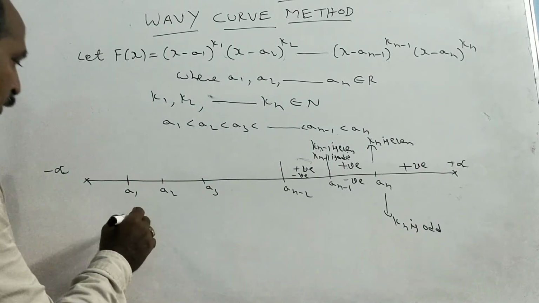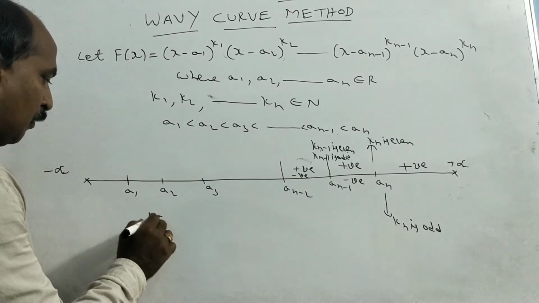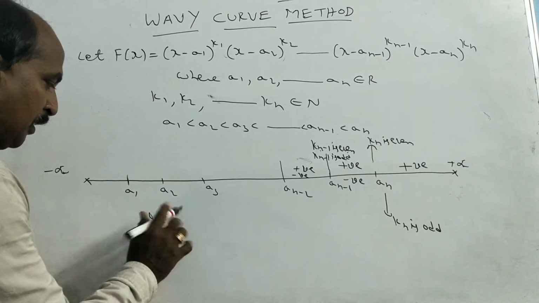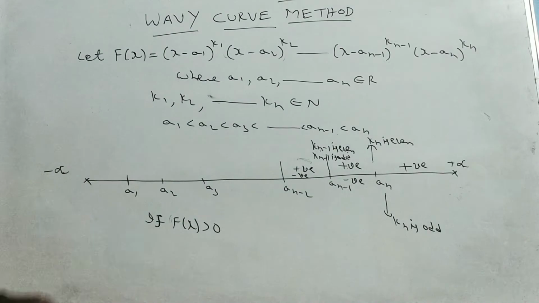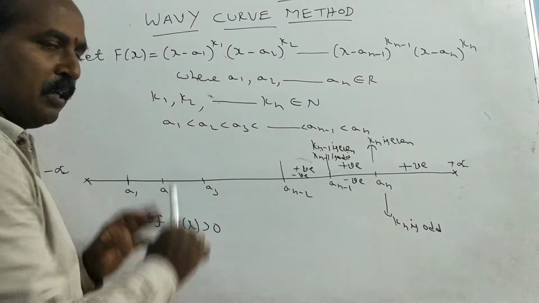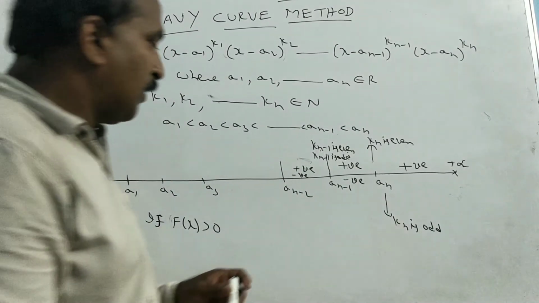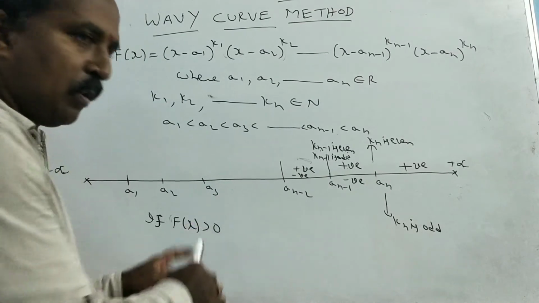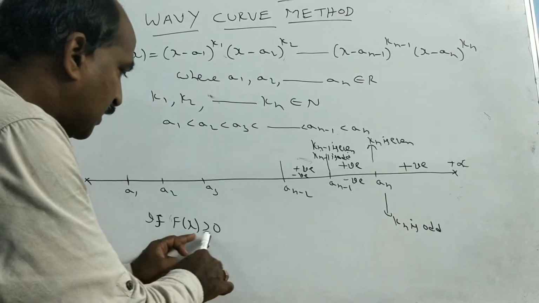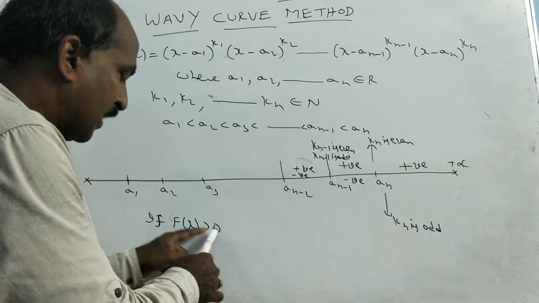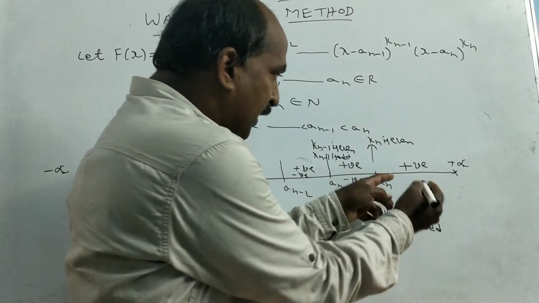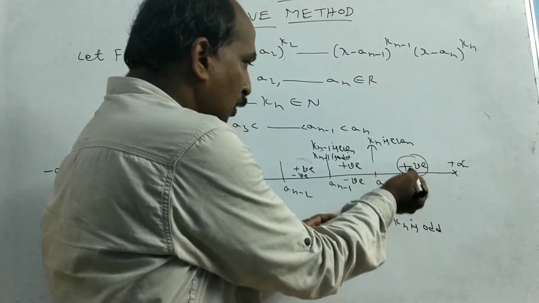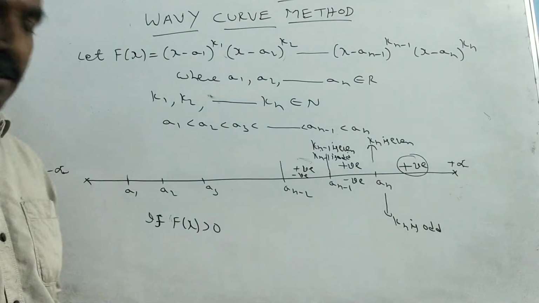Then if f of x is greater than 0, the set of values of x which satisfy f of x greater than 0 is the union of all intervals which contain positive sign.